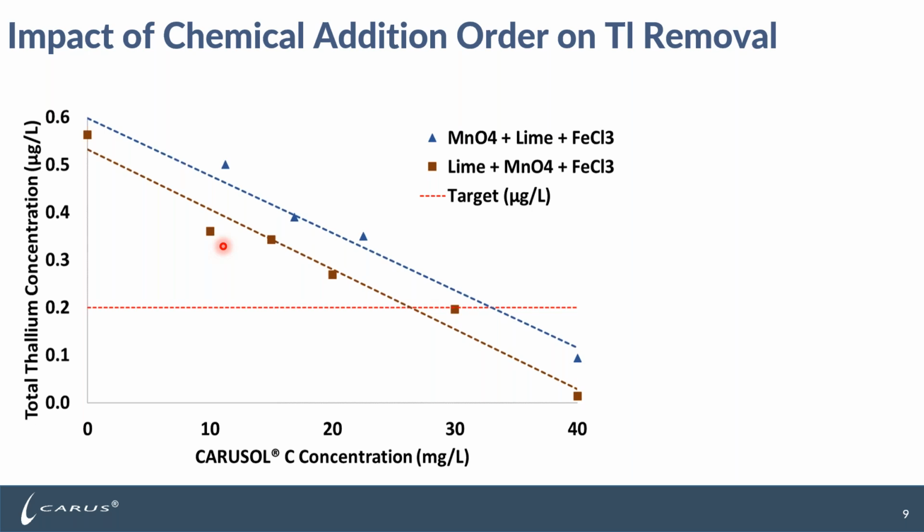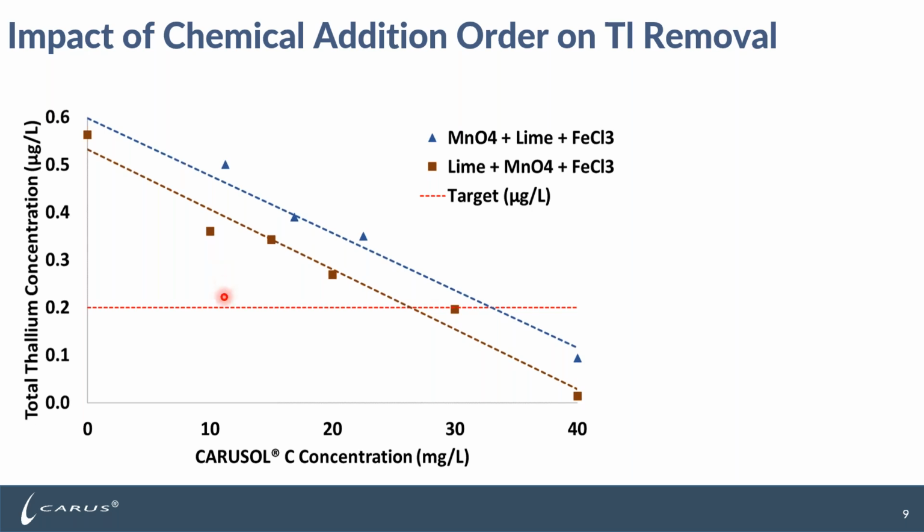The next data set here and our next focus shows an evaluation of the impact of the order of chemical addition on thallium removal. The data in blue shows thallium removal using the current strategy of applying oxidant first, then adjusting the pH with lime, which is commonly done. The data in brown, on the other hand, shows thallium removal by adjusting the pH before adding the oxidant.